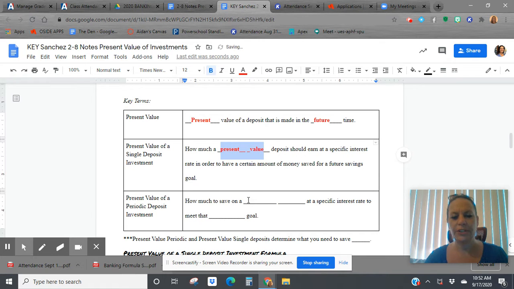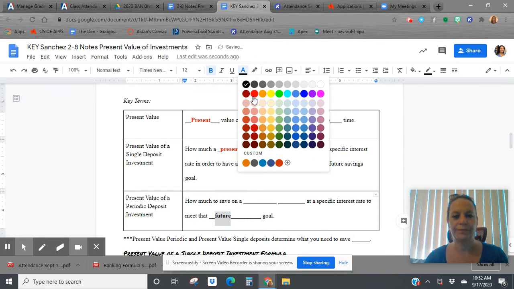And then how much to save on a blank at a specific interest rate to meet that blank goal. This is making sure we can save something in the future.